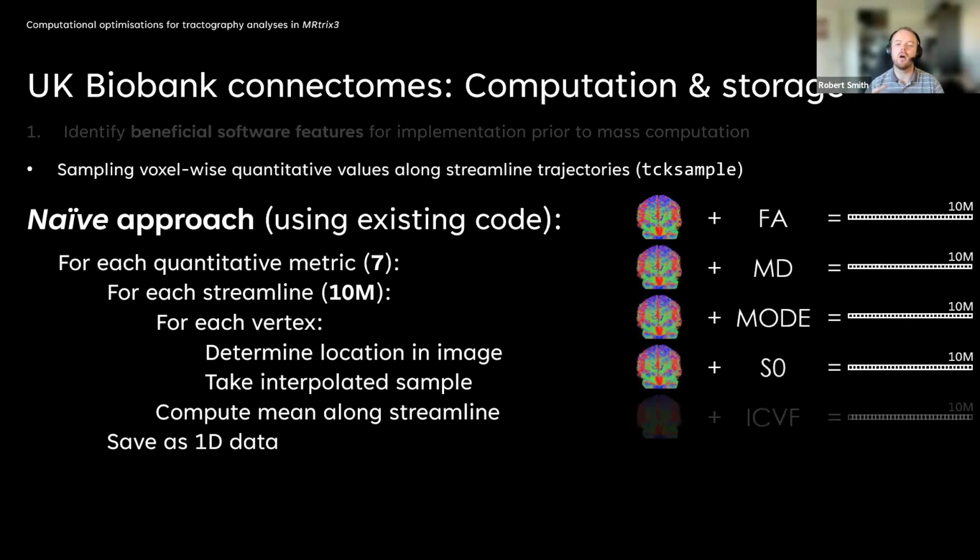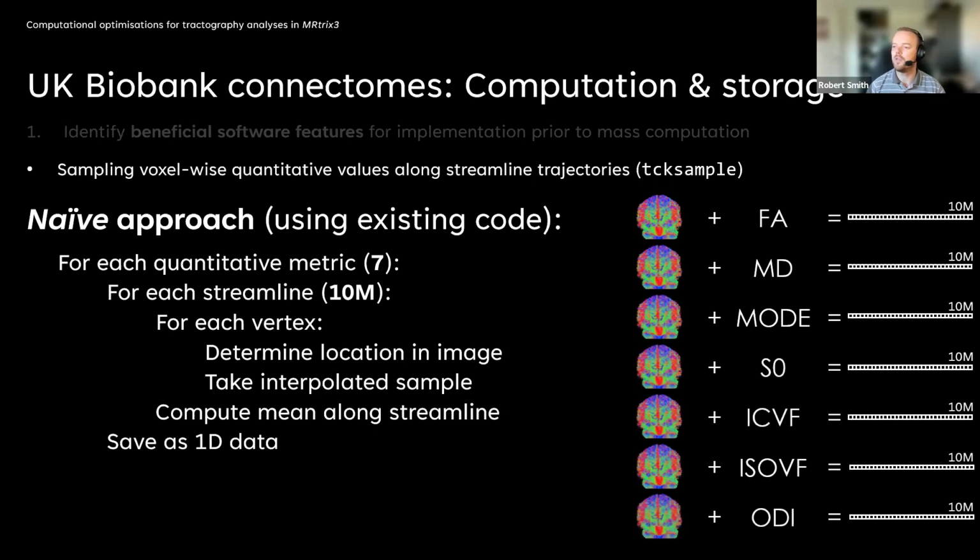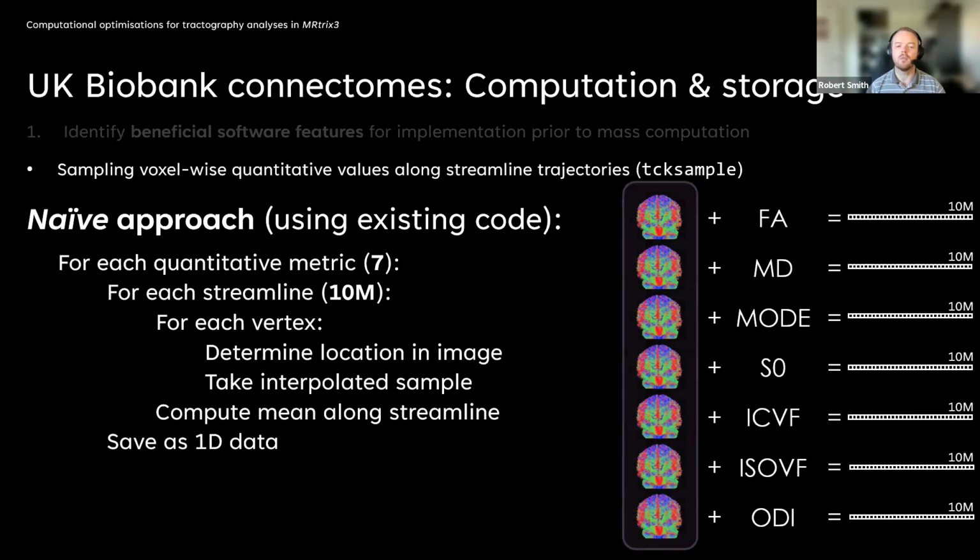But we had a large number of quantitative parameters that we wanted to be sampling from. And the issue here is that these tractograms are quite large in file size, and so doing this process 7 times independently, that's 7 reads independently through a very large file. So that has a lot of, excuse me, hard drive IO overhead.